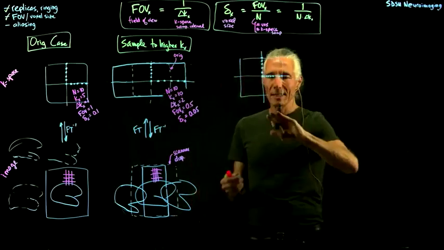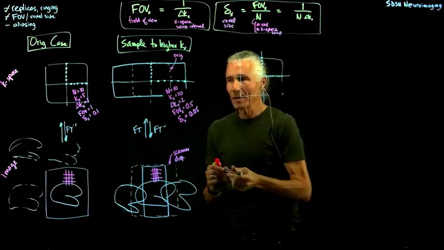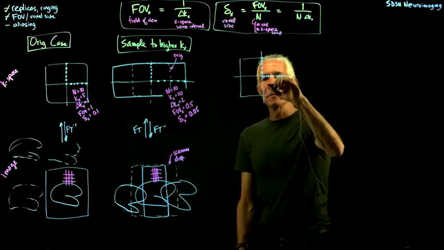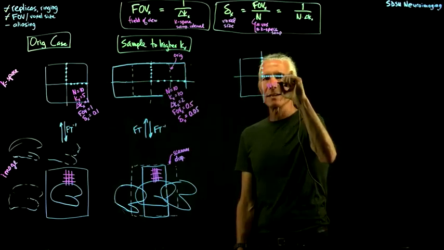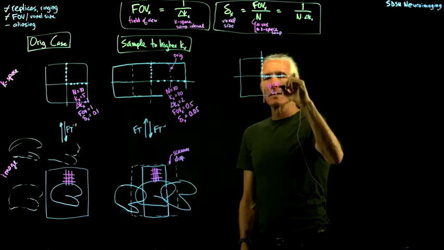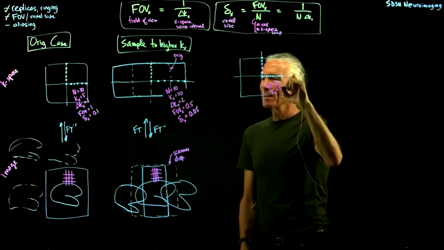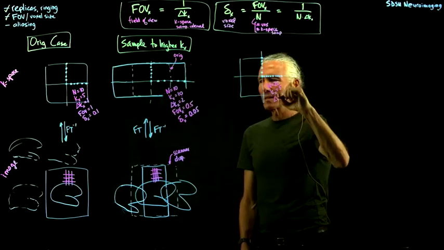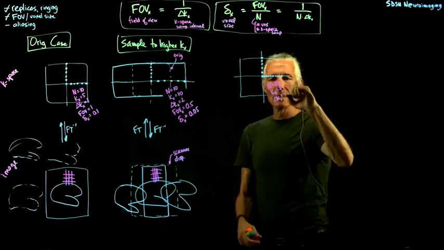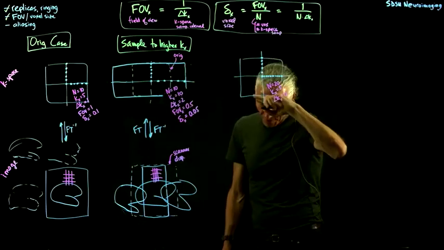And what does that look like? Well, the number of samples now equals 20, but we're still going up to just kx equals 5. And the sampling interval is just equal to 0.5 now.